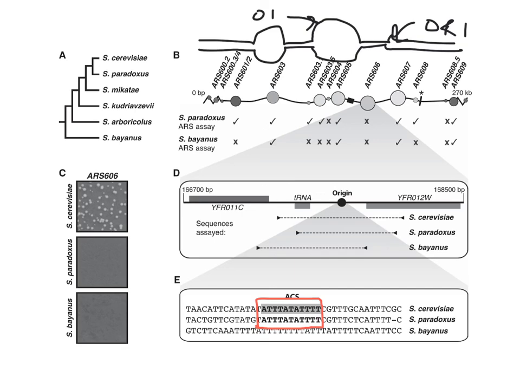So, that brings us to the last question that I had posed when I asked you to do this reading. Question 5. In figure 1E, what is common to the ACS, and why would it make sense that this type of sequence would be an ACS? Why would those nucleotides be particularly useful to be an origin of replication? They're all A's and T's. What do we know about A's and T's? They only have 2 hydrogen bonds.